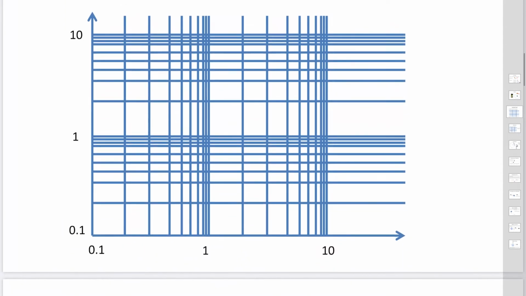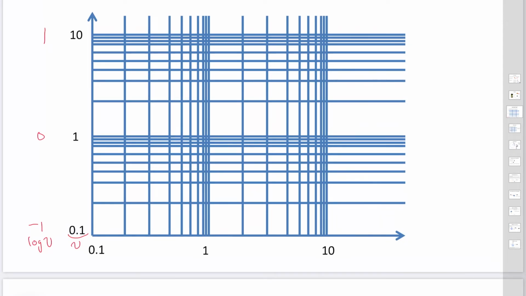So if you consider v as 0.1, 1, and 10, then log v is expressed as negative 1, 0, and 1. This is actually a graph of the log of some quantity against the log of some quantity. So this is a very interesting graph, I guess.